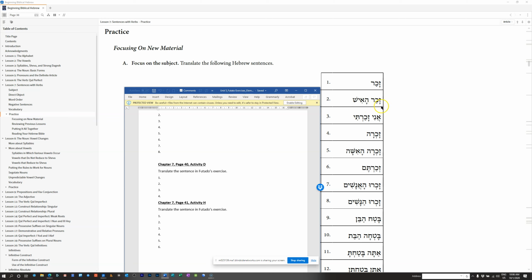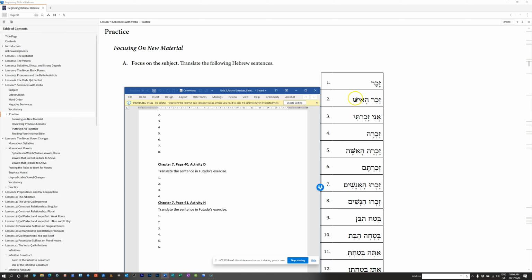So we wouldn't translate Zachar Ha'ish as he remembered the man. We would translate this simply as the man remembered. Now, it could be confusing here because you might think, well, is the man the subject of the sentence, the man remembered?